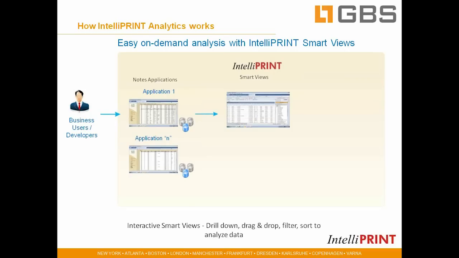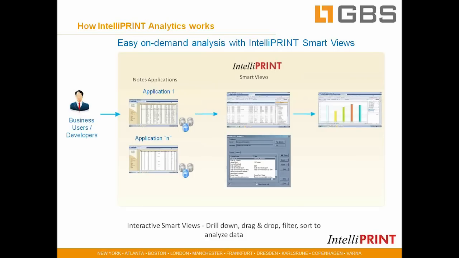The Smart View helps you do a whole bunch of things that I'm going to explain to you in a few minutes. And you can also visualize your data inside that Smart View. And then if you want to save that Smart View, you can save that back to the database. So it's as simple as that.